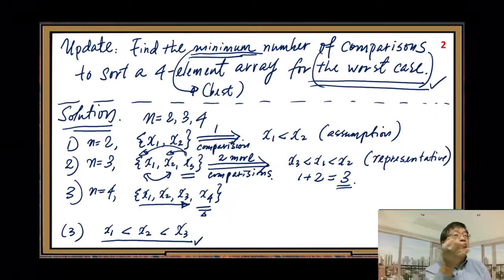We just assume it is this case. Now we want to insert the new element x4 into it. But when we insert the 4th element, we want to do the best we can, right? Here, we do not have to use the standard insertion sort.